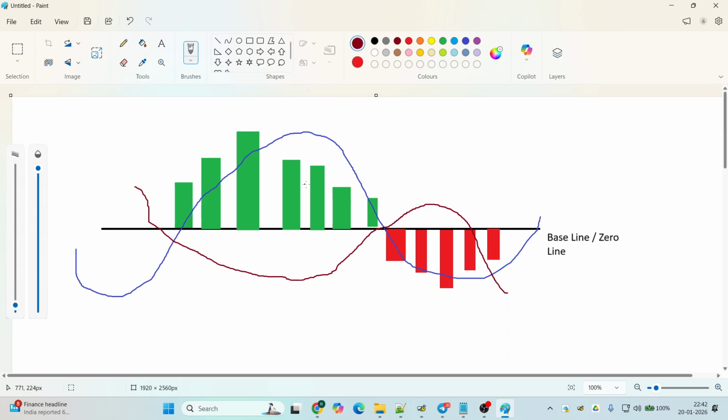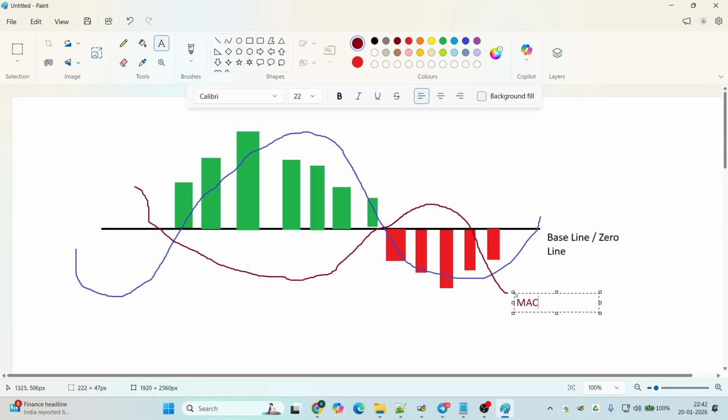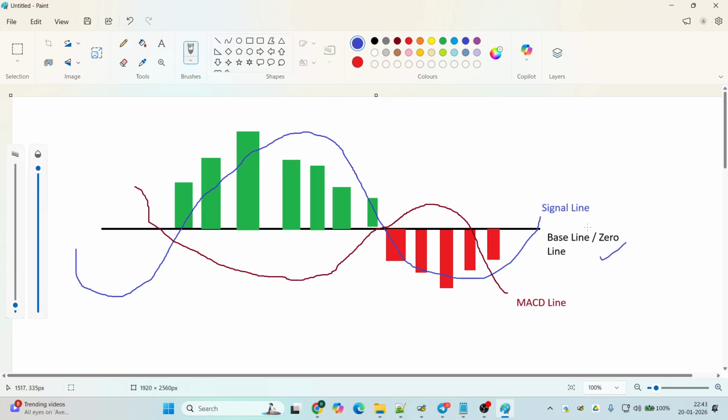Later on I'll explain. One of these lines is called the MACD line, and the other line is called the signal line. All these are the components of an MACD that we are seeing right now. In an MACD there is a horizontal line which is called the base or zero line, and there is one line which is the signal line, and another line which is the MACD line.